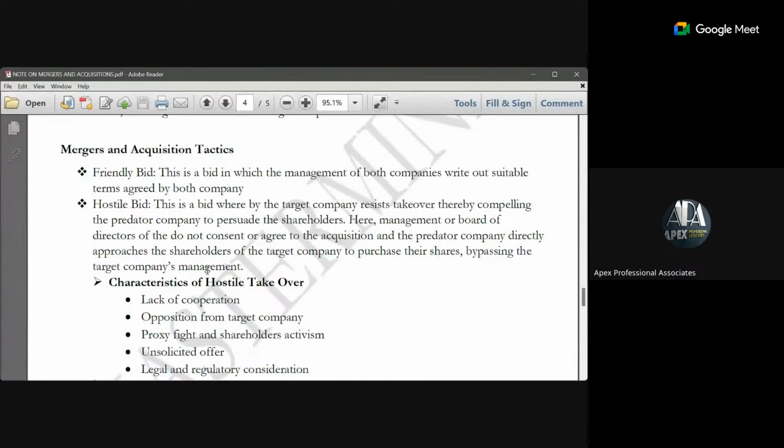That is the hostile bid. I explained here that this is a bid where the target company resists takeover, thereby compelling the predator company to persuade the shareholders. In mergers and acquisition, we have the target and we have the predator.